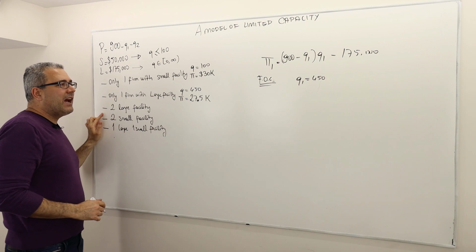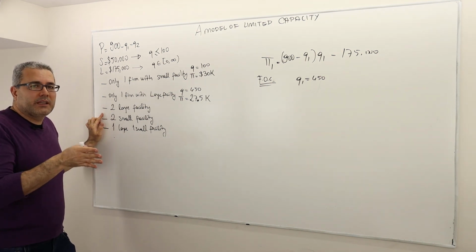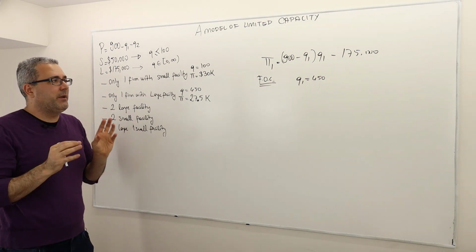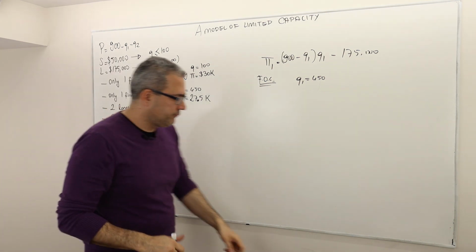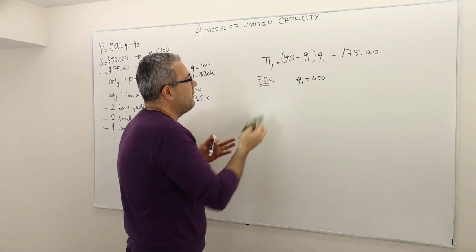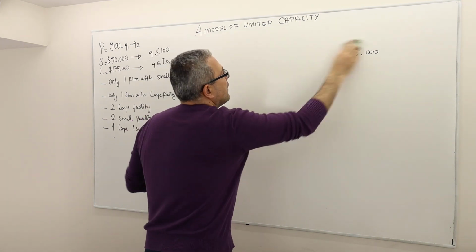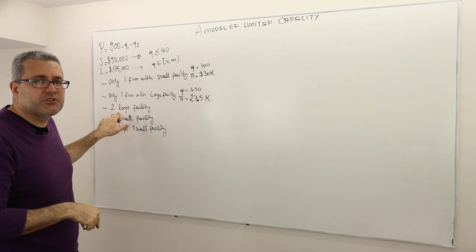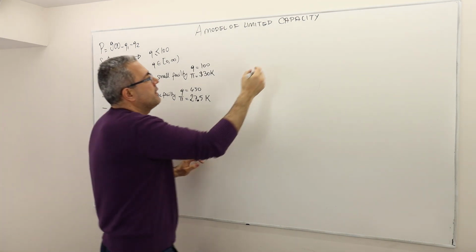All right. Now we are actually getting a more complicated environment. What if both firms have large capacity? That means the following. This is no longer the profit function, because there are two firms in the industry and both have large capacity.